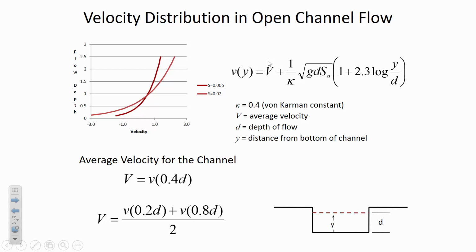Remember that V is Q divided by area. So if you know Q and you know A, what you're really solving for is V bar. And this harkens back to fluid mechanics. V bar means the average velocity. It's not the velocity at a certain location. It's just the velocity across the entire cross-sectional area.